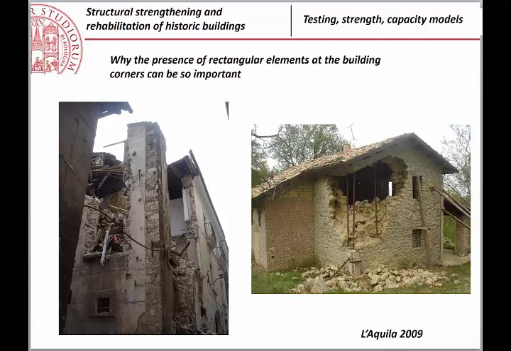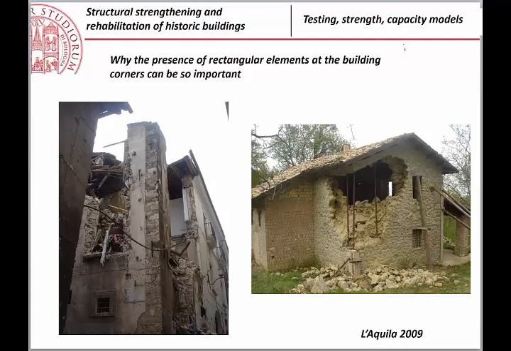Why is the presence of those elements in the corner so important? Because especially when the quality of the masonry is very, very bad, the end of the wall, of course, is a weak point of the wall.